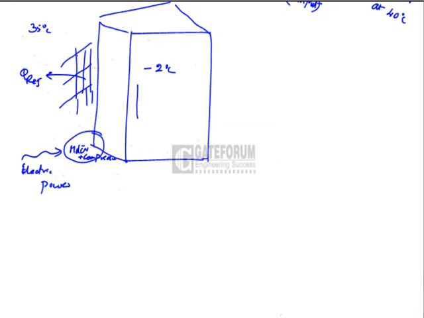This refrigerating cycle extracts heat from this low temperature and transfers it to the outside environment. This is a domestic refrigerator. So we are spending power onto the system, and at the same time we are able to maintain a low temperature of minus 2 degrees centigrade as compared to the outside hotter environment of, say, 35 degrees centigrade.